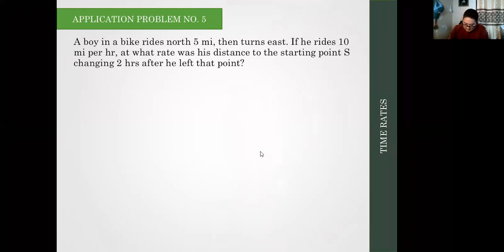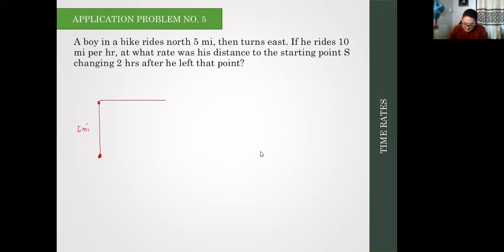Okay? So, ano yung nangyayari? Meron tayong starting point, no? Dito siya nag-start. Nag-travel siya ng north. Okay? 5 miles. And then, nag-turn siya ng east. Okay? So, hindi sinabi kung tumigil, no?